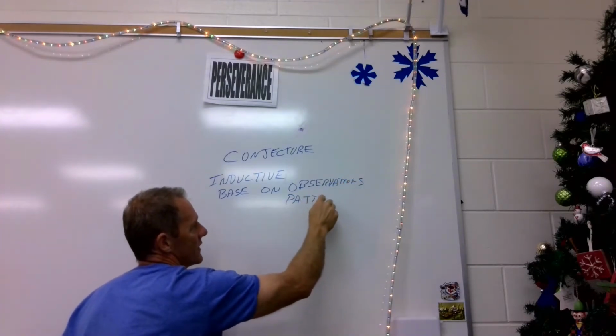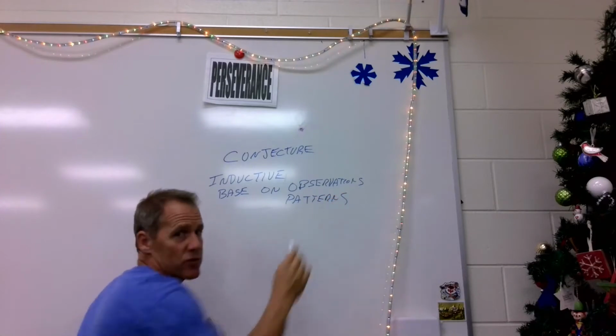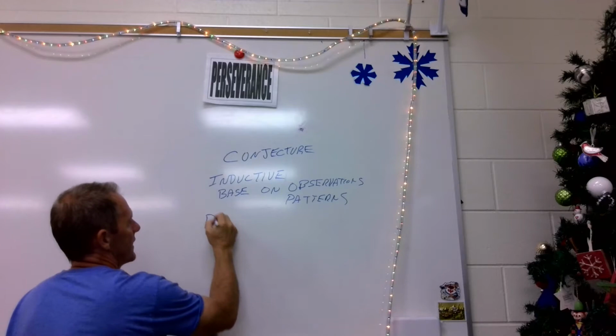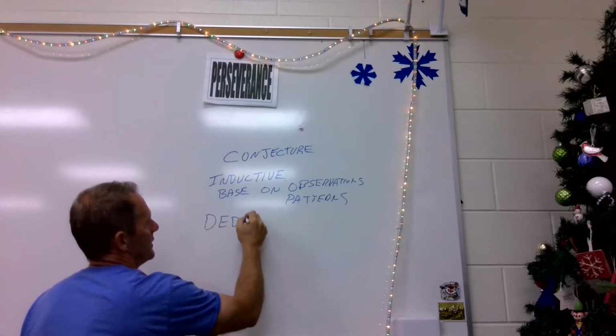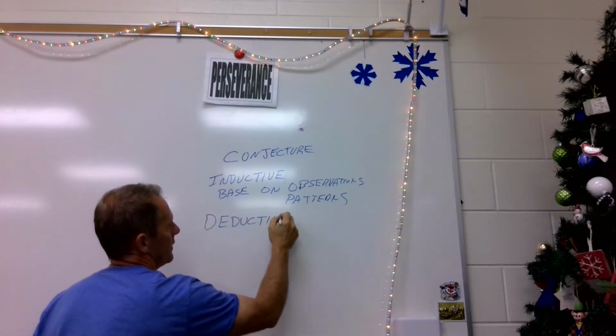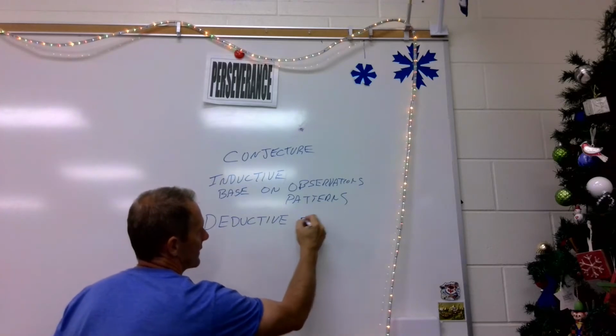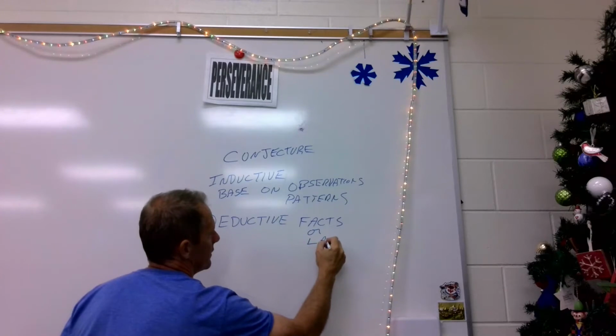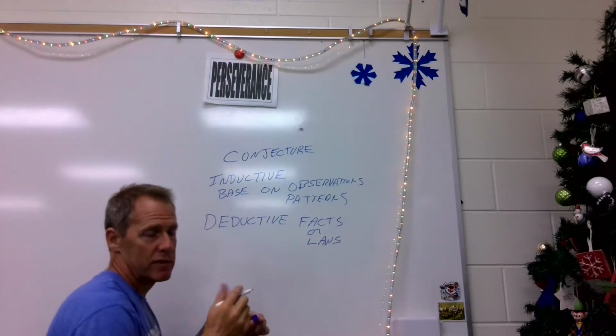You don't necessarily know that it's true, but you really believe that it's going to be true. Whereas deductive is based on facts or laws, things that are given to be true.